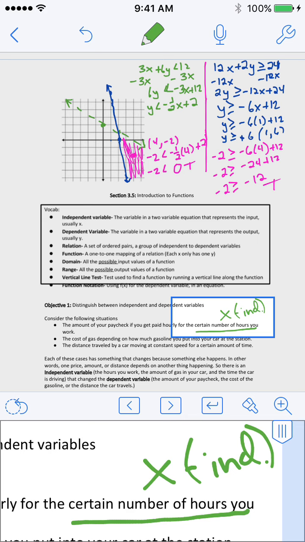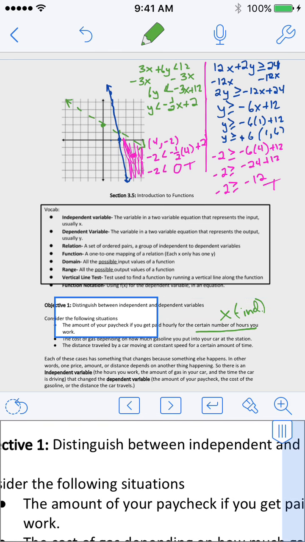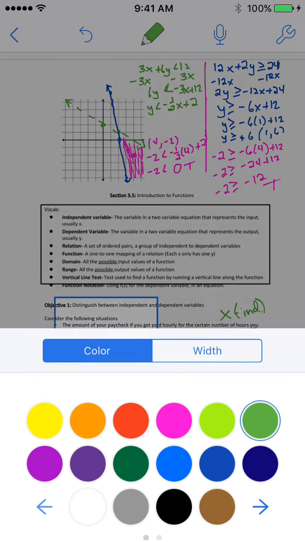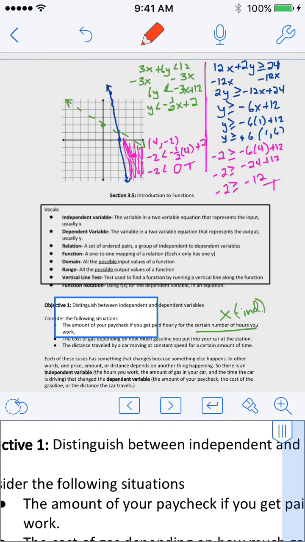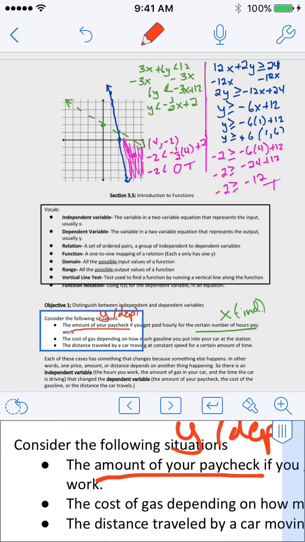If x is you work so many hours regardless of your paycheck, well then your dependent thing has to be the amount you get paid. That depends on how many hours you work, right? So that would be our dependent variable. That would be y. Dependent's always y. So y depends on x. That's always a true statement.